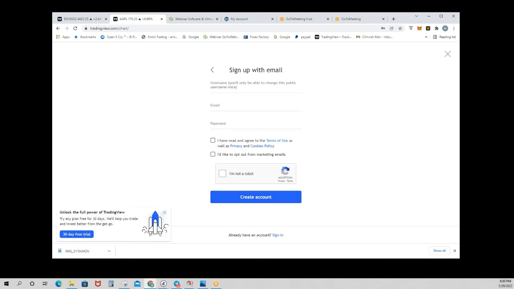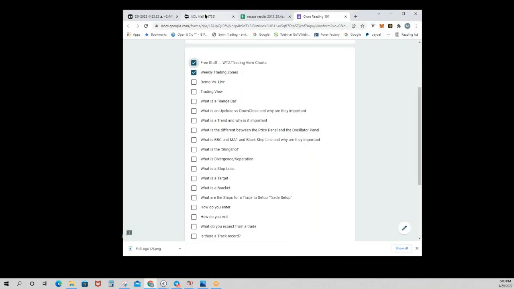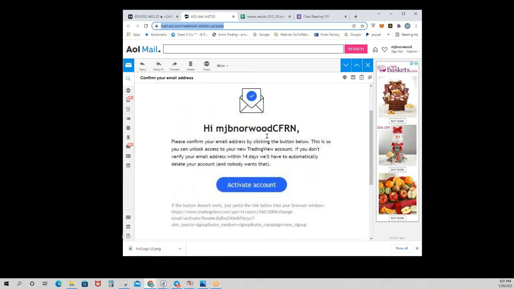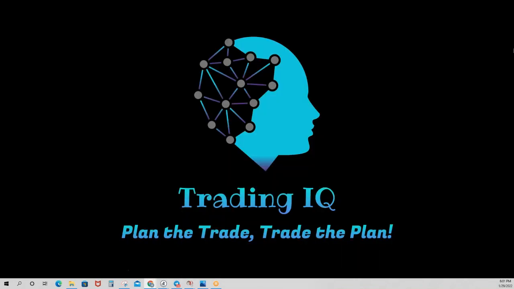Hit create account, and when you do that, it is going to send you a confirmation email that you're going to have to click on. The confirmation email will look like this. You have to hit activate account. Once you hit activate account, then you will be able to get right into your TradingView charts.